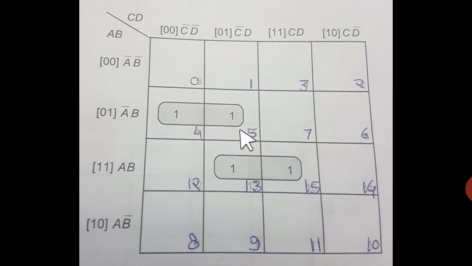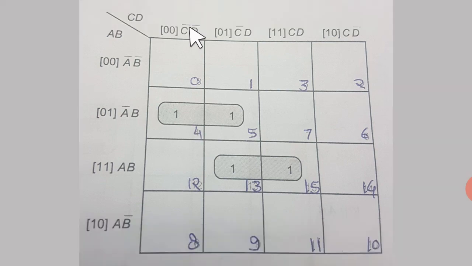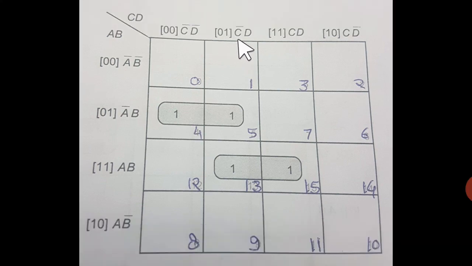A dash B, remember, okay? And here we observe C dash D dash and C dash D here. So C is maintaining the state but D is not, so we'll remove this D. So what we are left with is A dash B, C dash.